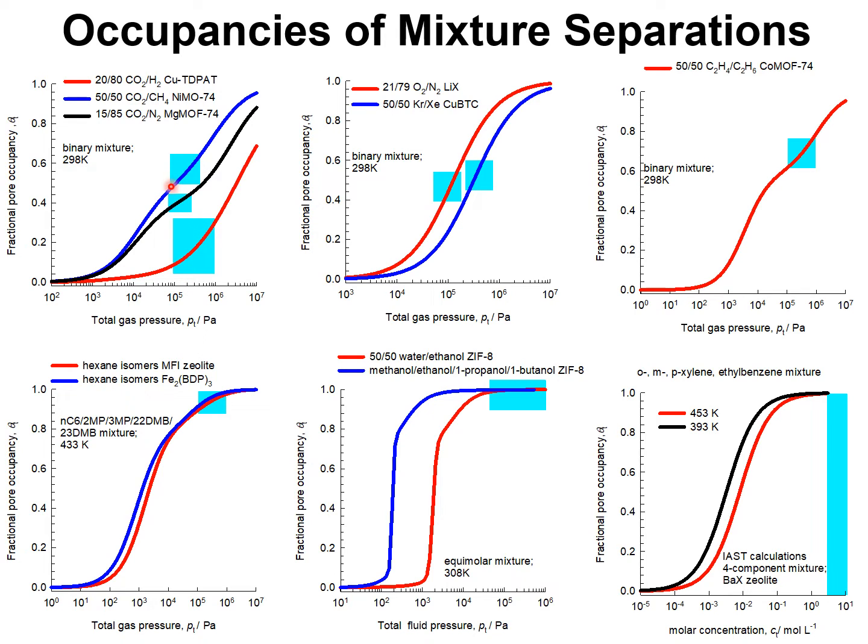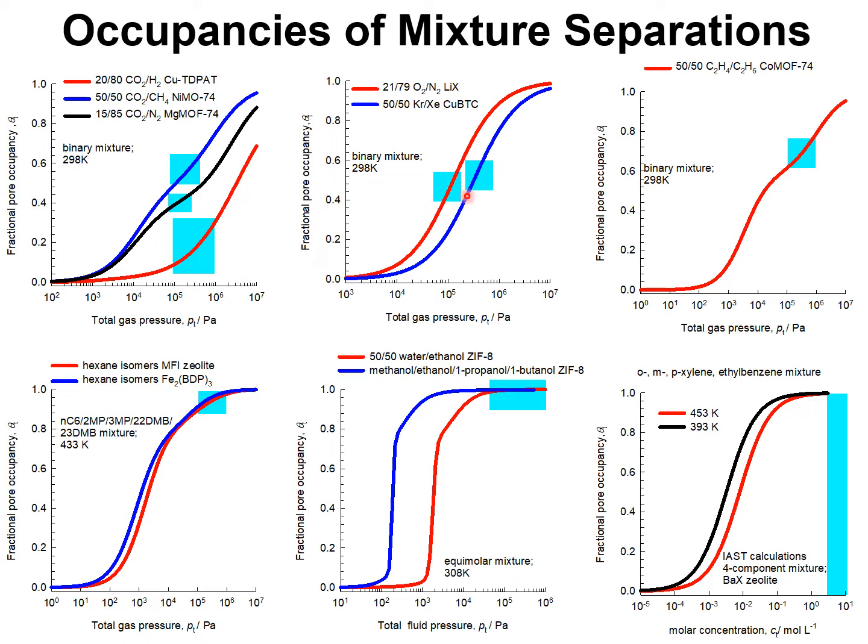For CO2 methane mixtures in nickel MOF-74, the fractional occupancies are about 0.6. And for CO2 nitrogen separations using, say, magnesium MOF-74, the operations are typically at conditions corresponding to an occupancy of 0.4.